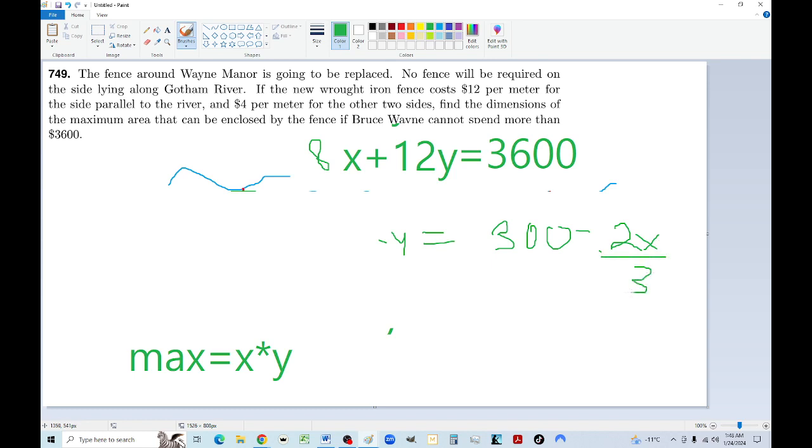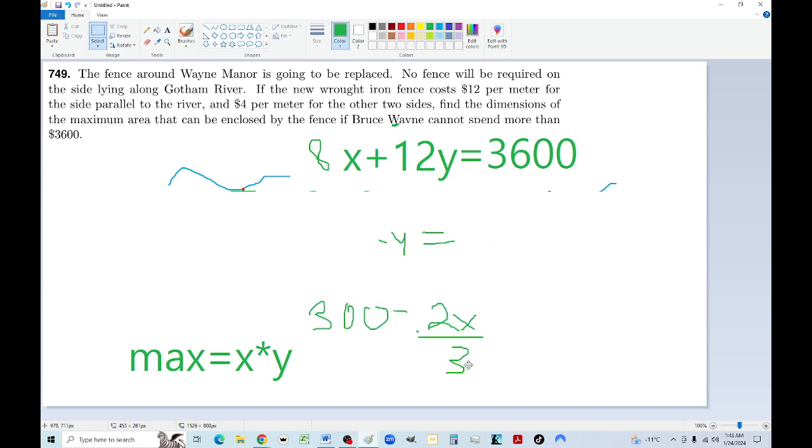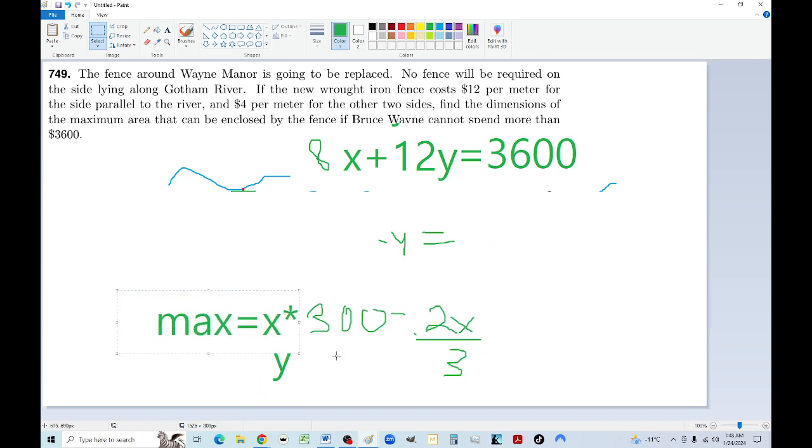That's a linear relationship. And that just means I'm going to replace my y down here with that. And it's important to put it in the brackets. When I expand it, I get this.